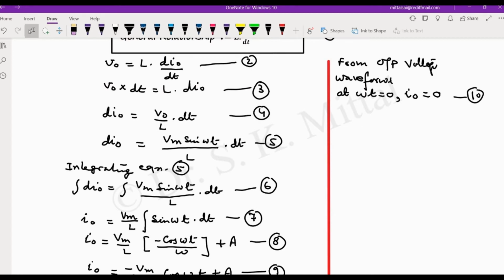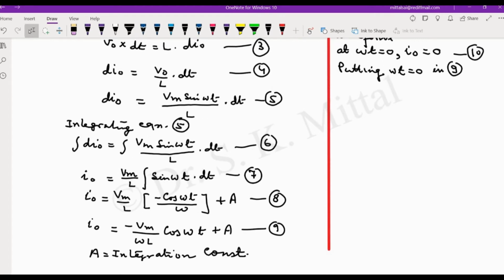So now putting omega t is equal to 0 in equation number 9. At omega t is equal to 0, what is the value of I0?